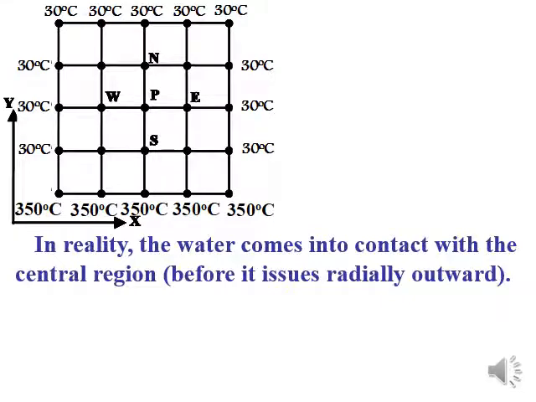So when water comes into contact with the central region, we know that water immediately touches the central region, so we should expect that always the stagnation region should be cooler than any other region within the solid, because the solid is hot, and the first point to come into contact with water is the central point, the point of impact.